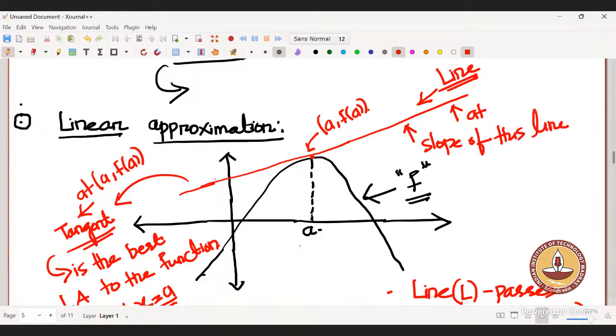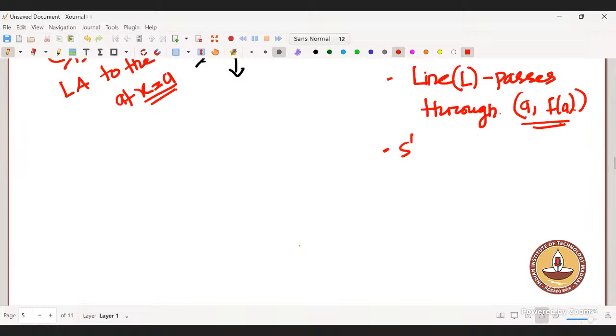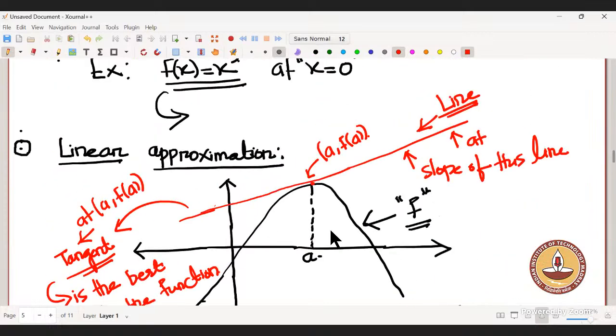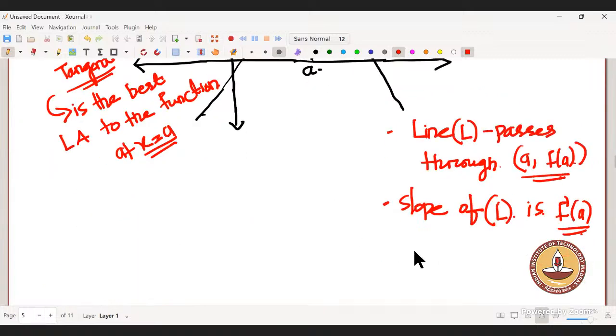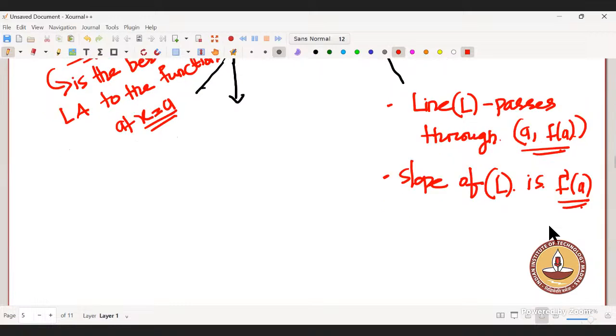The slope of L is f dash of A. So now you can compute the equation of this line, because you know that the line passes through A comma f of A, and the slope of this line is f dash of A. So the equation is y equal to mx plus c.